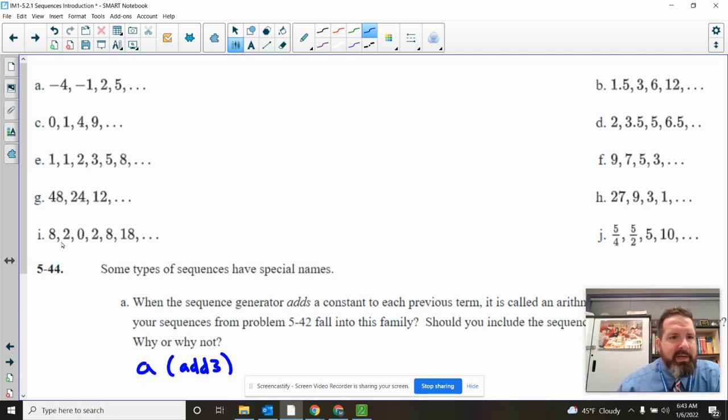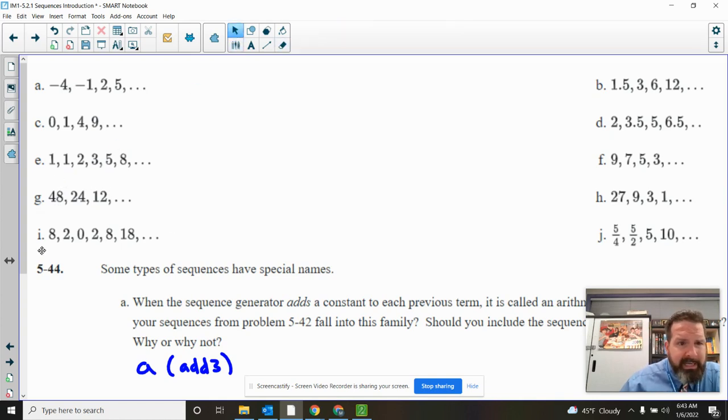So that's not arithmetic. From 48 to 24, now you're going down, so you'd be adding a negative number, but that's okay. Do we add the same negative number to get from 24 to 12, though? No, there we'd only go down by 12. So we're not adding the same number each time. G is not arithmetic.